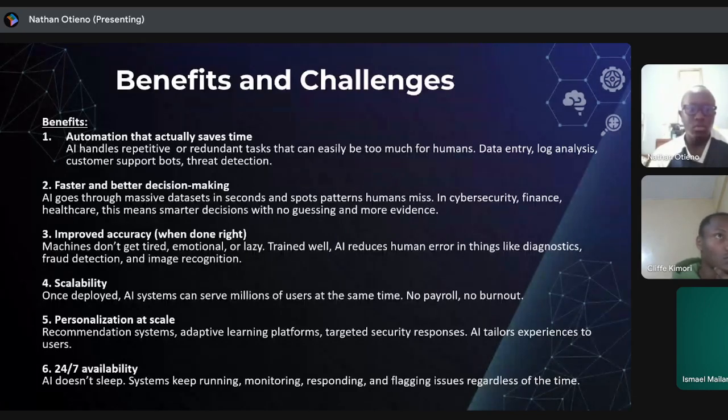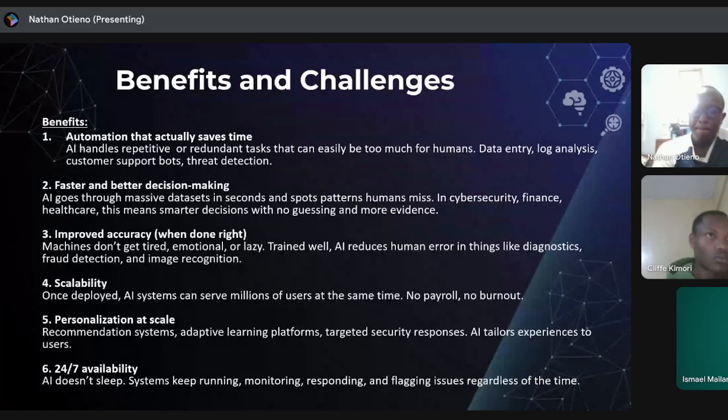Number two, faster and better decision making. AI goes through massive datasets in seconds and spots patterns humans miss in cybersecurity, finance, healthcare. This means smarter decisions with no guessing and more evidence.